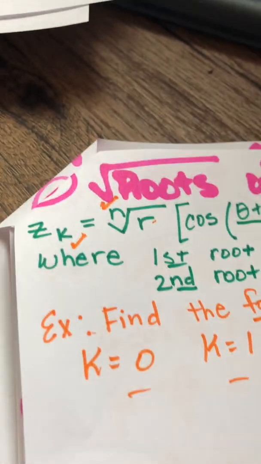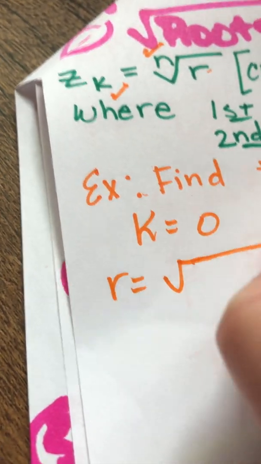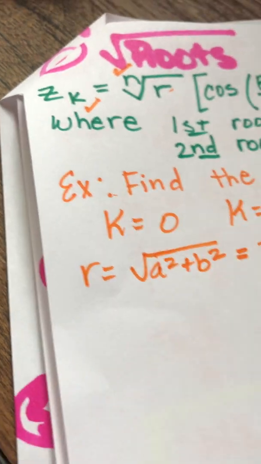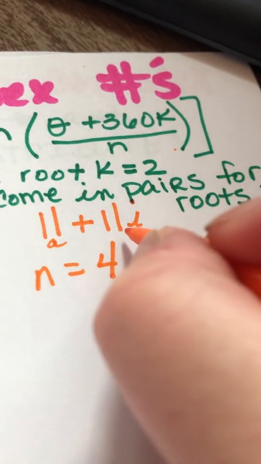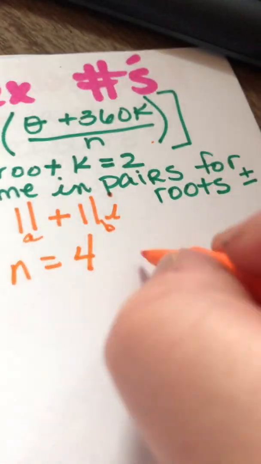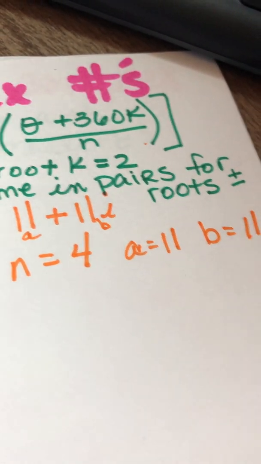So down at the end, for r, remember r is equal to square root a squared plus b squared. So let's figure out what that is. For 11 plus 11i, a is the 11. That's real. b is the imaginary part. So a equals 11 and b equals 11.